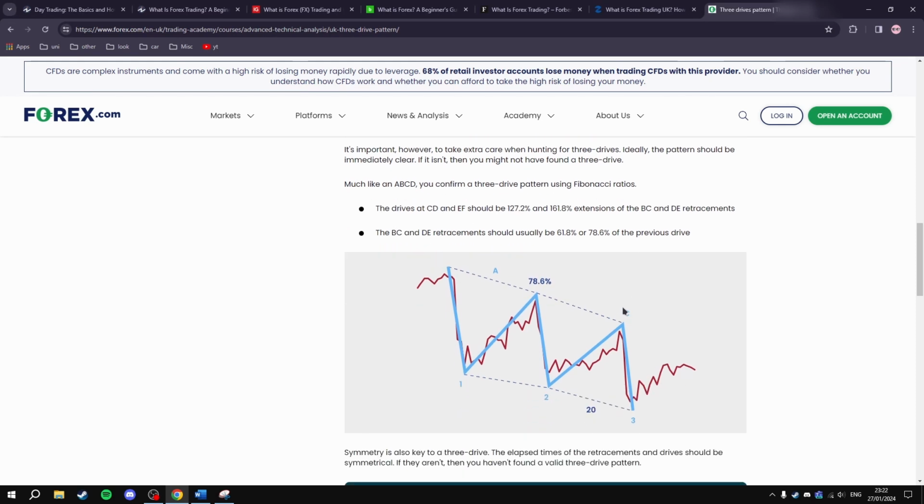The B, C, and D retracement should usually be 61.8% or 78.6% of the previous drive.